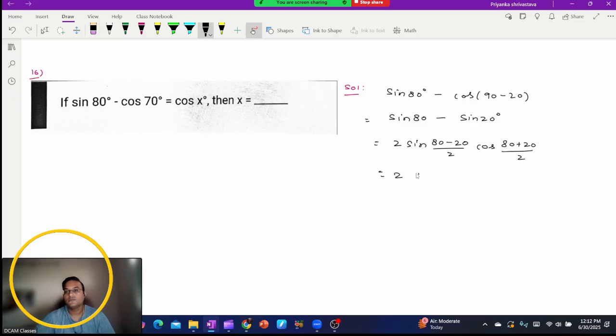That will become 2 sin 30 cos 50, since 60 by 2 is 30 and 100 by 2 is 50. Sin 30 is 1 by 2, so the answer is cos 50. That means the value of x that we are getting is 50 only. This is our answer.